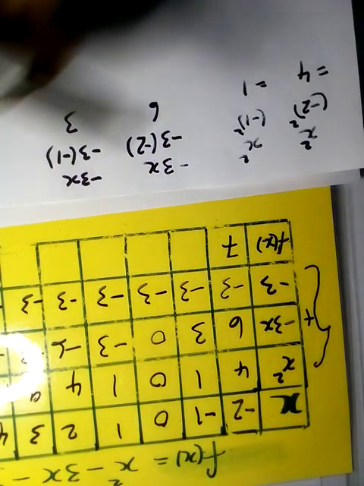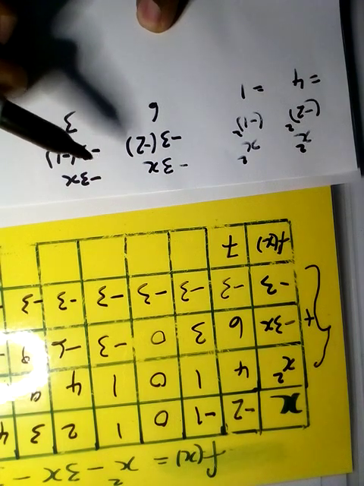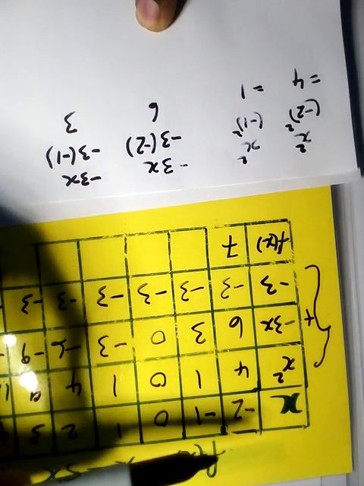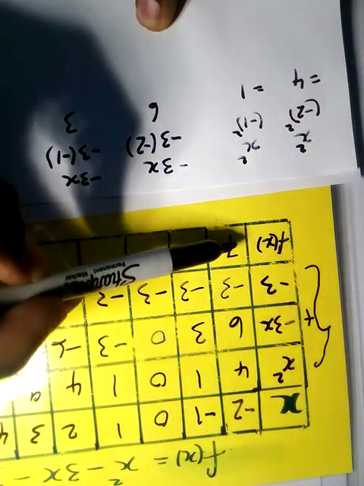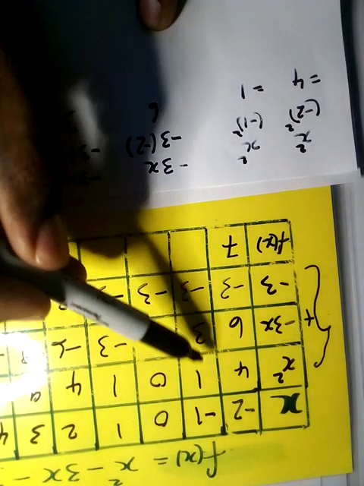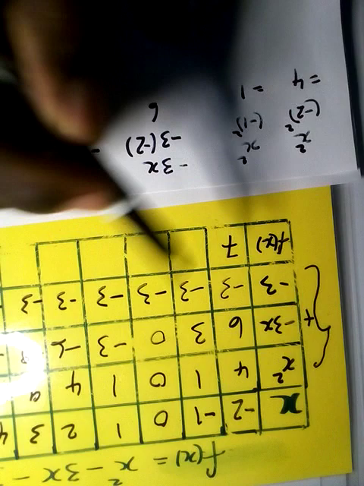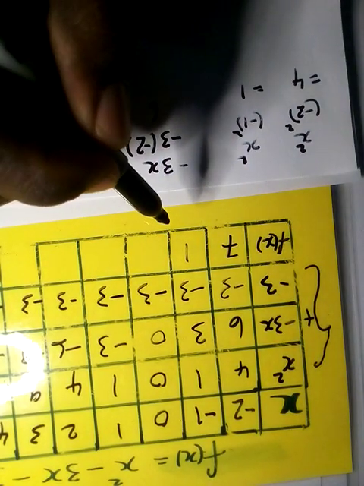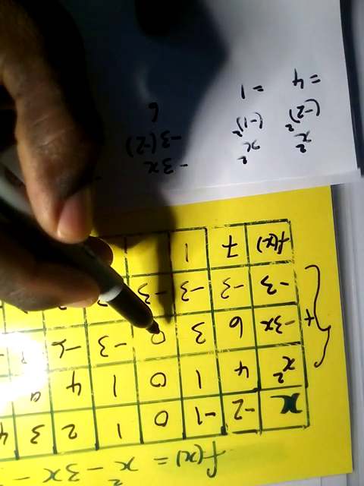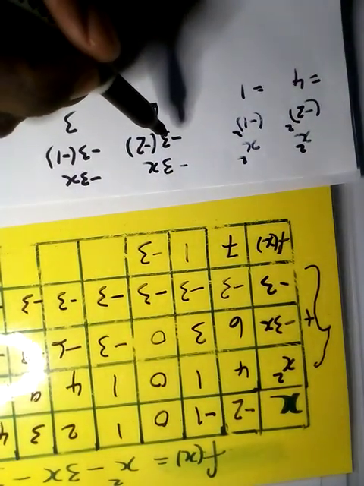The skills of integers come back in to complete the table, because we need coordinates, ordered pairs, x and y, to plot the graph. So 1 plus 3, 4, plus negative 3 will give me 1. 0 plus 0 plus negative 3 will give me negative 3.